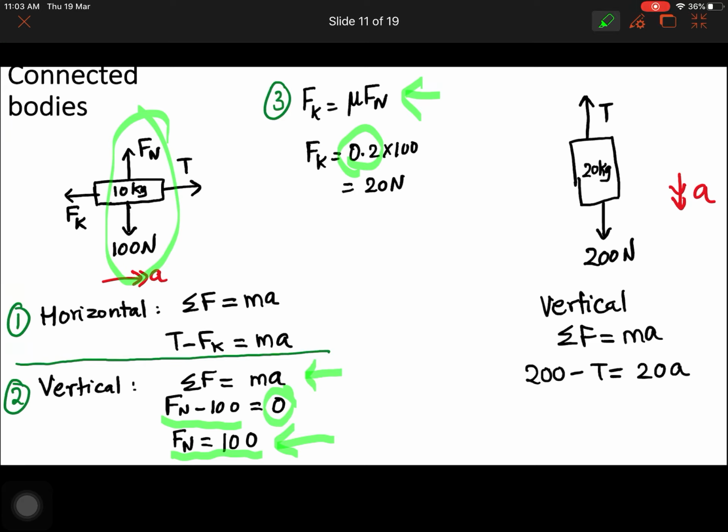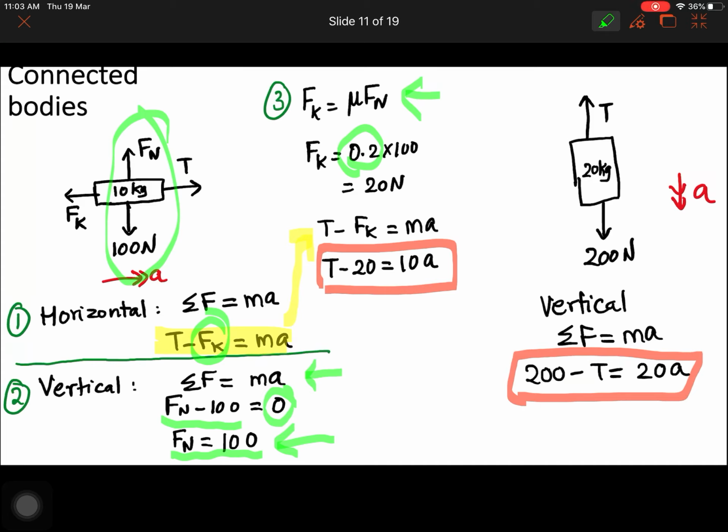We substitute that, we get the value for Fk. Now you can see that in this equation we have got Fk, and hence we can substitute the value of Fk, which we got as 20, and we get an equation T minus 20 equal to 10A.